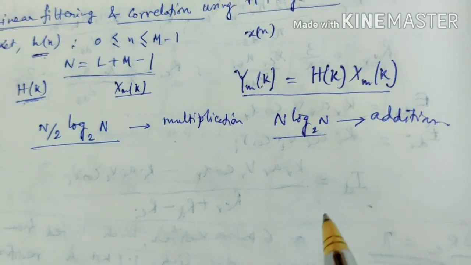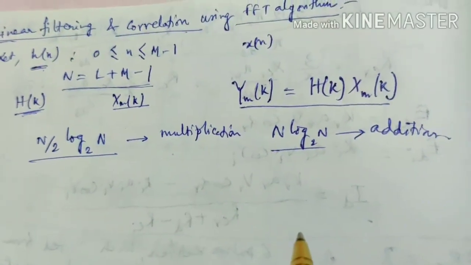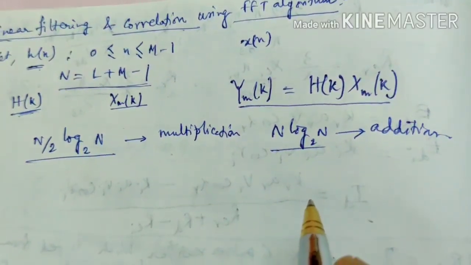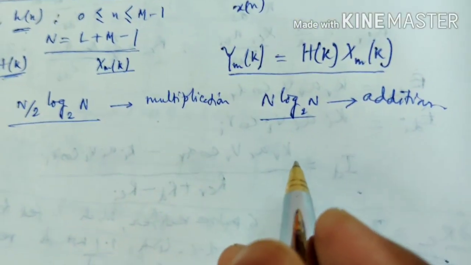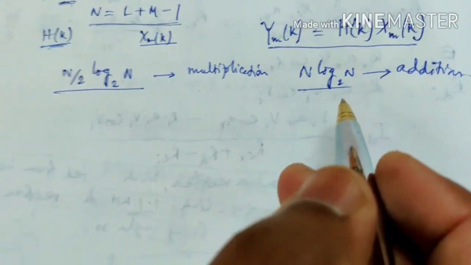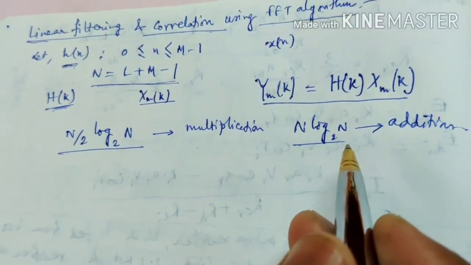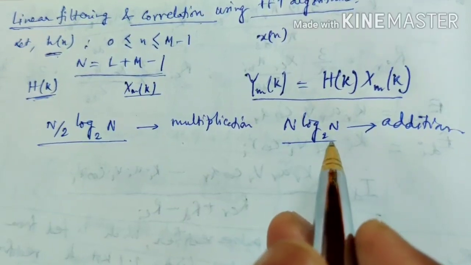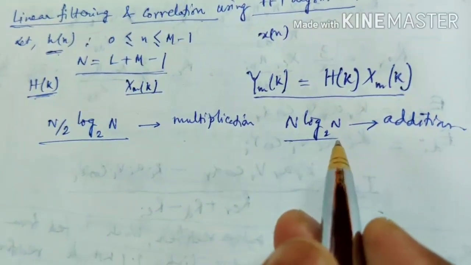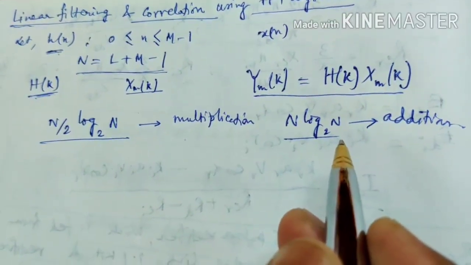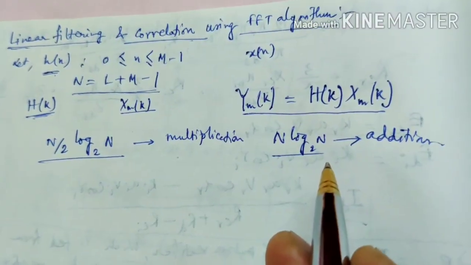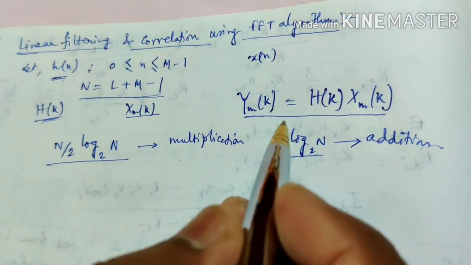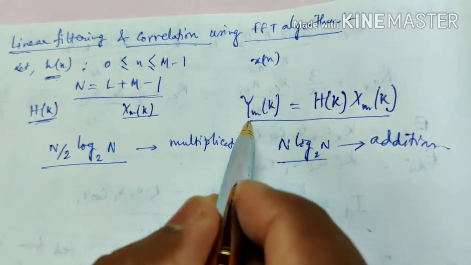Since the FFT is performed twice, once for the DFT and once for the IDFT, the computational burden is N log base 2 of N complex multiplications and 2N log base 2 of N additions. There are also N complex multiplications and N minus 1 additions required to compute Y_m(k).